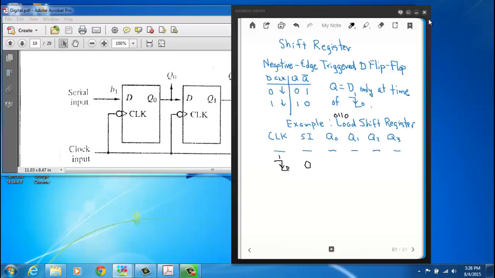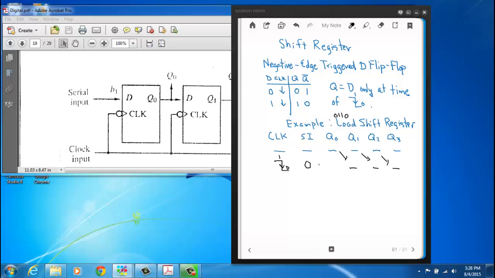So what happens is that all the data gets shifted one place. At the time of this transition, Q3 is going to equal Q2, so this don't care that was at the output of Q2 is now at the output of Q3. Q2 is going to equal Q1. Q1 is going to equal Q0.